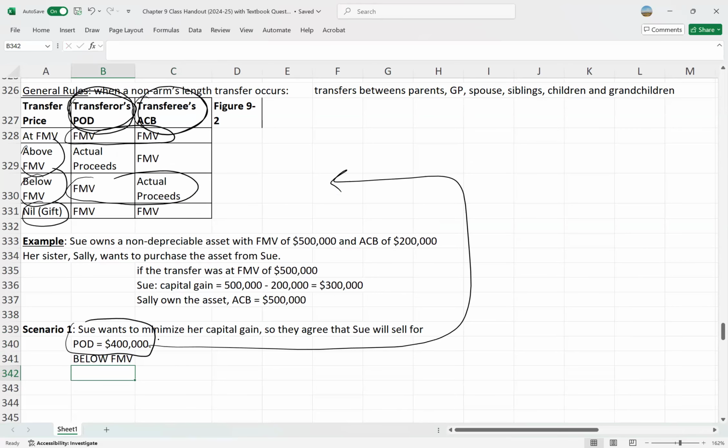So what that means is that Sue, who is the transferor, must use fair market value for proceeds of disposition. So even though she only transferred it for $400,000, she's forced to use $500,000 as her proceeds, minus the cost of $200,000.